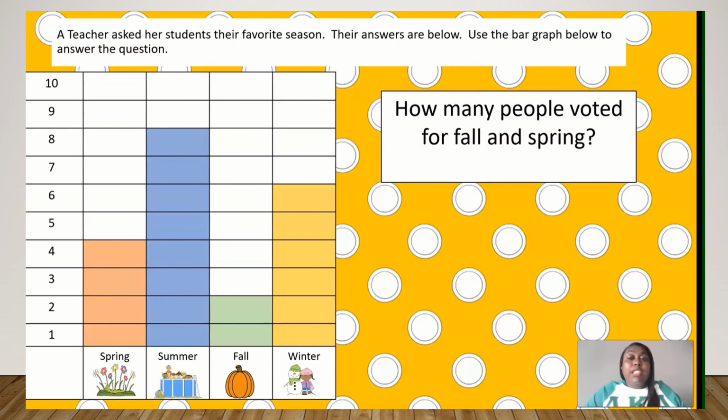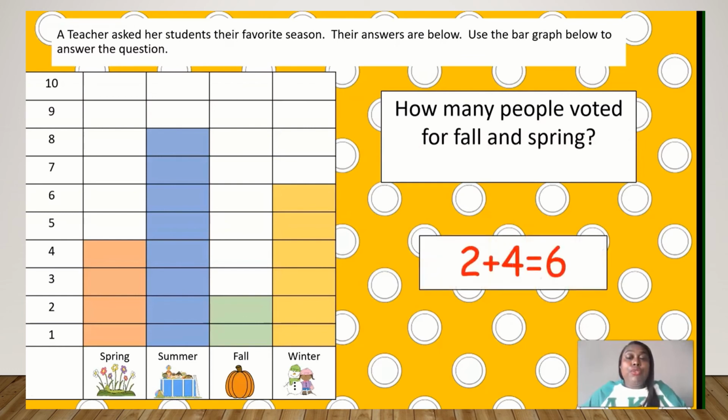Boys and girls, it is not okay to say 4 and 2. You must add it up because I asked you how many. So you must add 4 plus 2, which equals 6. 6 students voted for fall and spring.